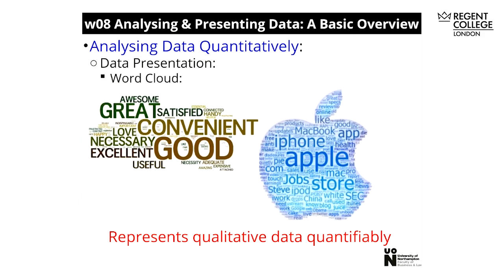And then we are looking at the word cloud. This one you use when you want to represent qualitative data quantifiably. You want to turn qualitative data into quantitative data, because that makes data analysis and interpretation faster.